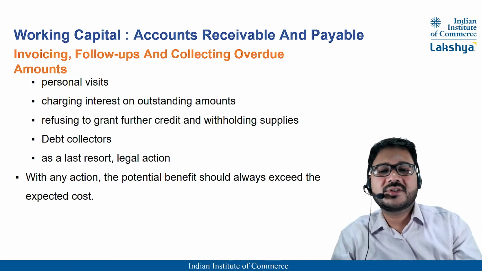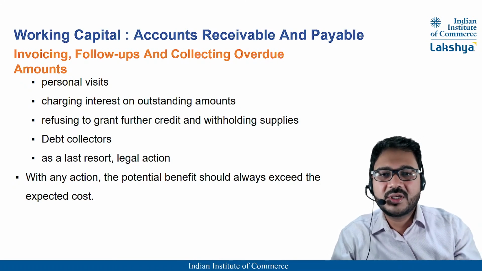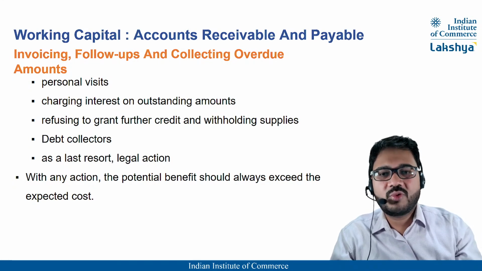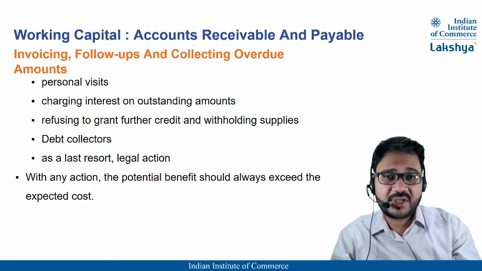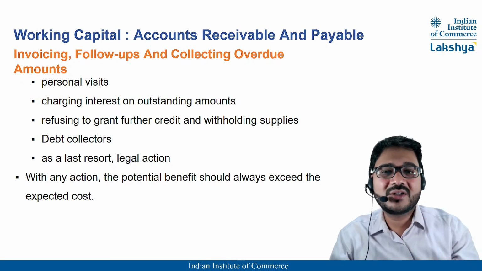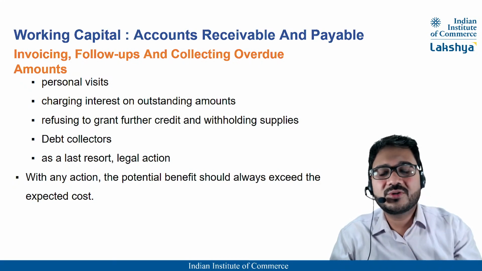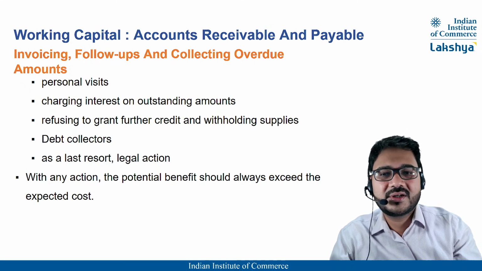With any action, the potential benefit should always exceed the expected cost. Because see, if you need to have an auto system wherein it sends emails as reminders, right? That system will come at a cost. If you have to send someone to collect the money, that someone is going to ask for some fees or a salary, right?